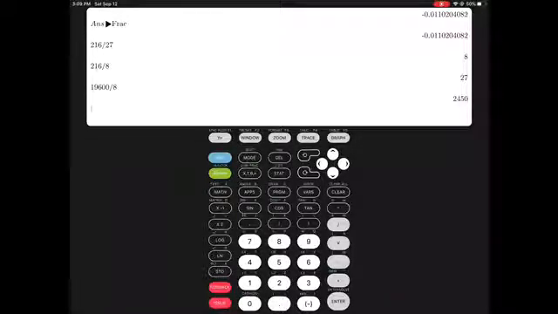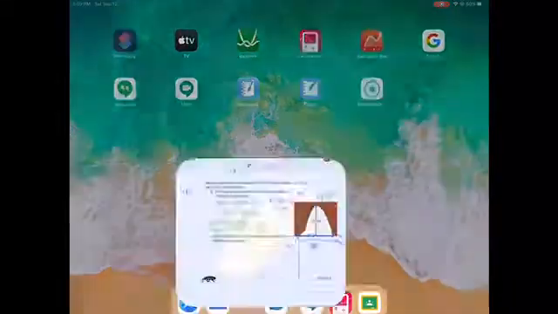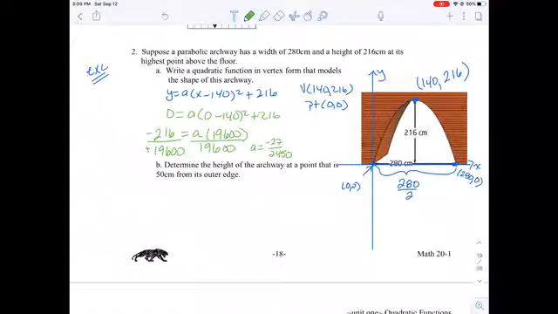Hopefully that works on the TI. Anyway, our final a value is that. And then what would our final equation be? Our final equation would be y equals negative 27 over 2450 times (x minus, and let me just cut this and move this over a little bit.